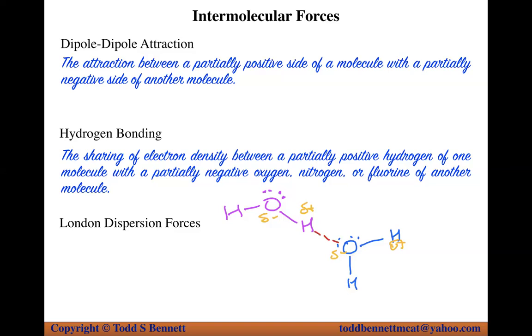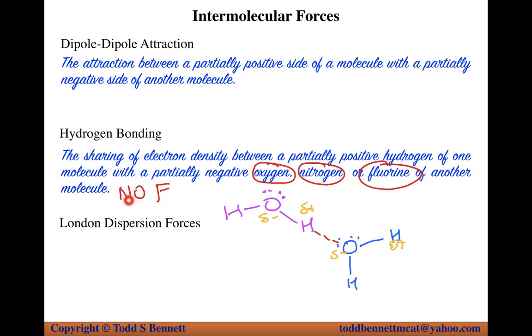Okay, notice I used oxygen, but I want to point out you can get hydrogen bonding with nitrogen, oxygen, fluorine. So if you recall that hydrogen bonding occurs with N, O, and F, then on your hydrogen bonding exam, you will get no F. You'll get a much better grade.